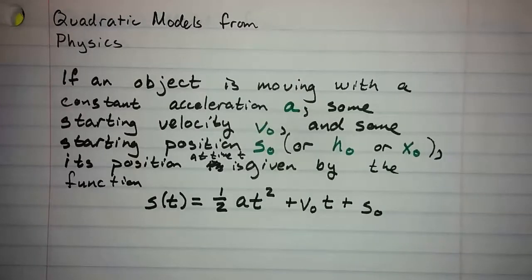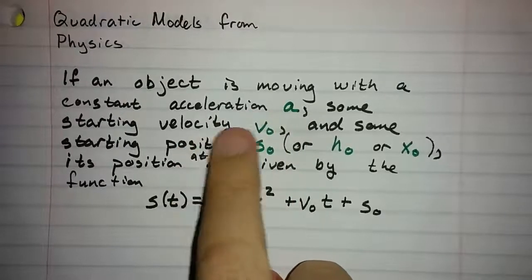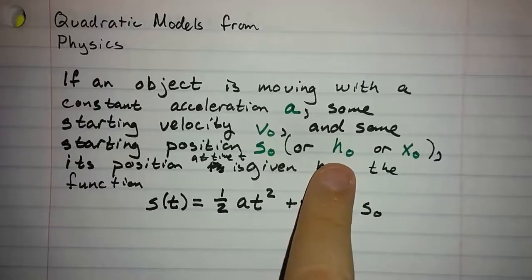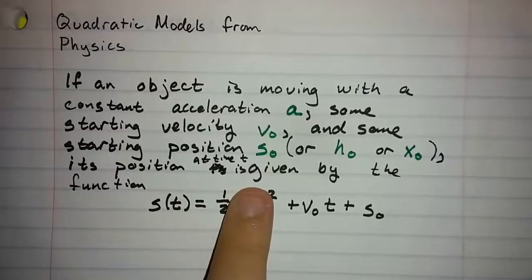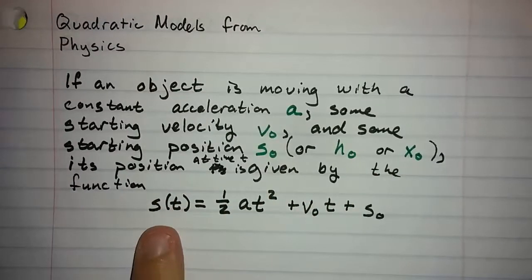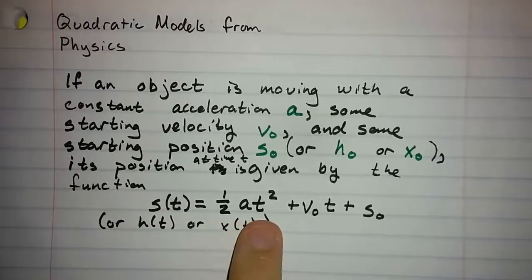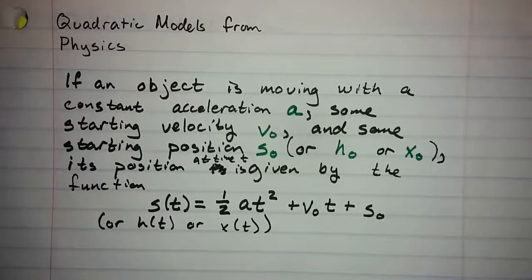If an object is moving with a constant acceleration, call it a, some starting velocity, v0, and some starting position, s0, or sometimes we'll call the position h if it's a height, or x if something is moving just left to right, then its position at time t is given by the function s of t, or h of t, or x of t, is a half at squared plus v0t plus s0.